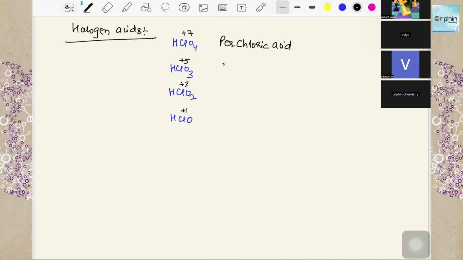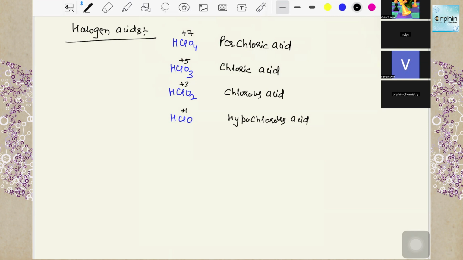What is this? This is chloric acid. What is this? This is chlorous acid. What is this? This is hypochlorous acid. Right? Have you got it? There is the name per, but there is no peroxy linkage because the oxidation state is not more than the maximum. We are just using the name per.